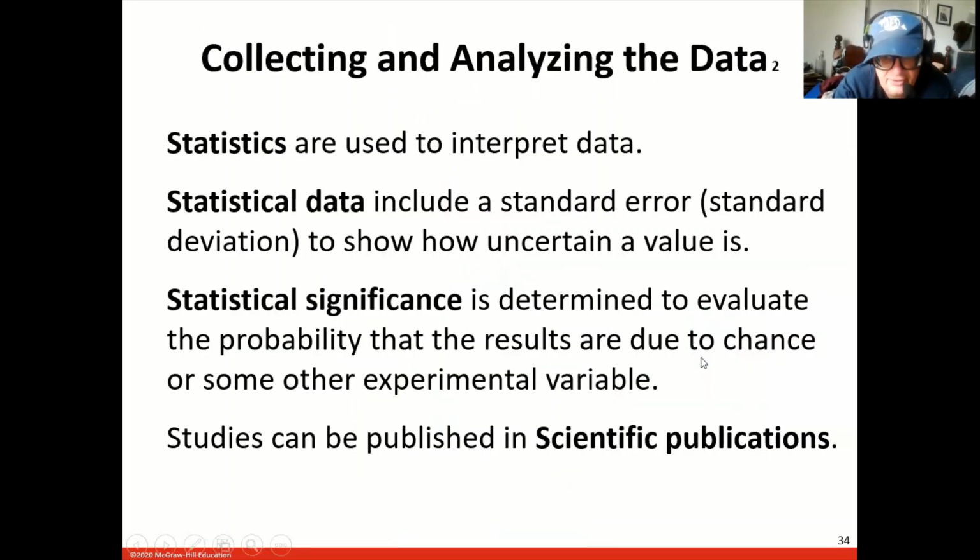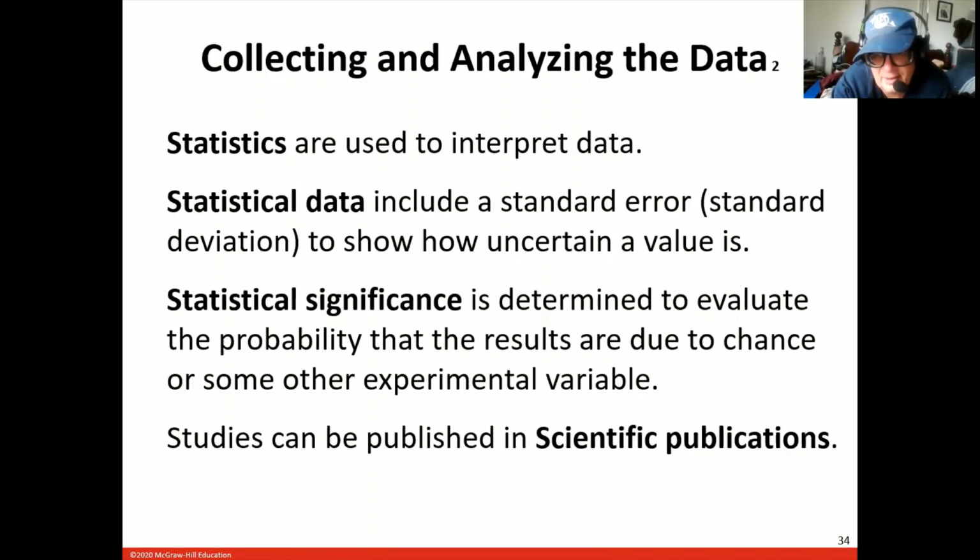Anyway, statistical data shows us how certain or uncertain we are of a value. The bigger that bar, the less confidence we have. And statistical significance is used to evaluate the probability that some results are due to chance or some other experimental variable, and results can be published in a scientific publication.